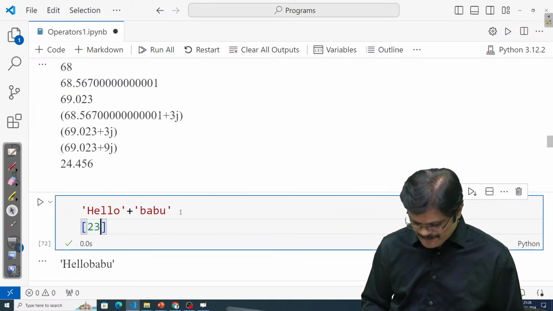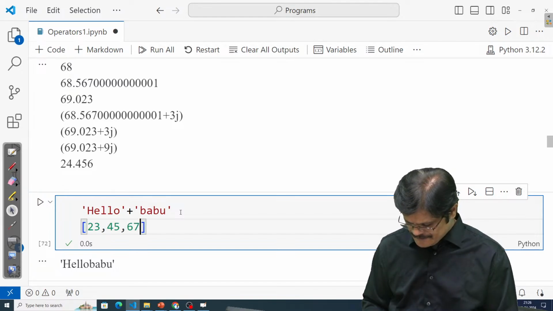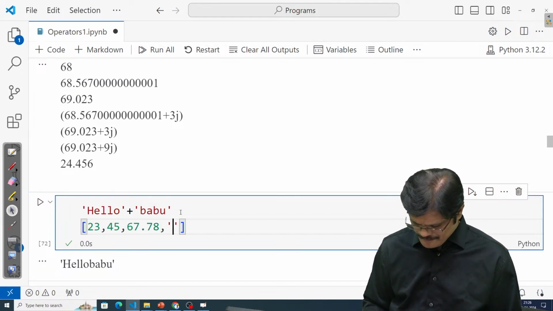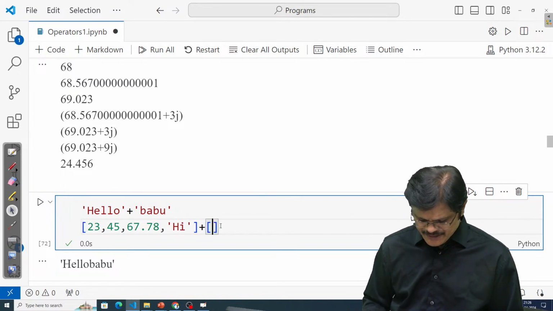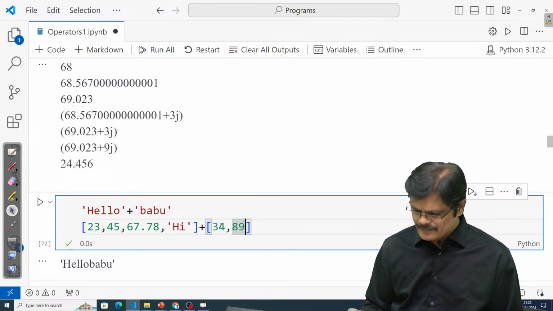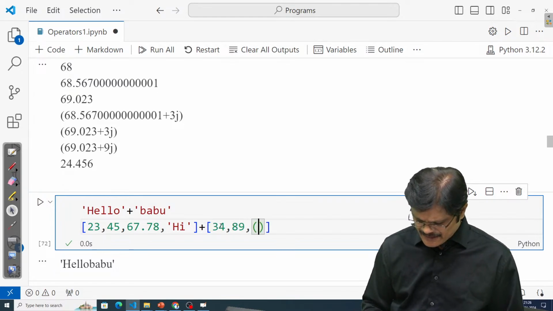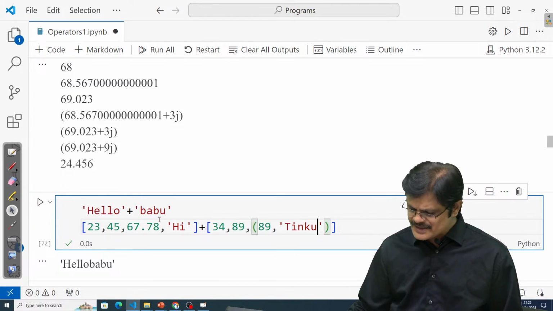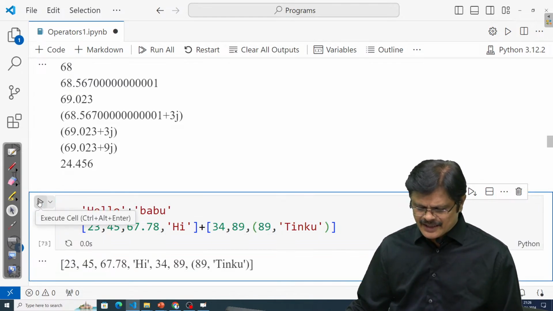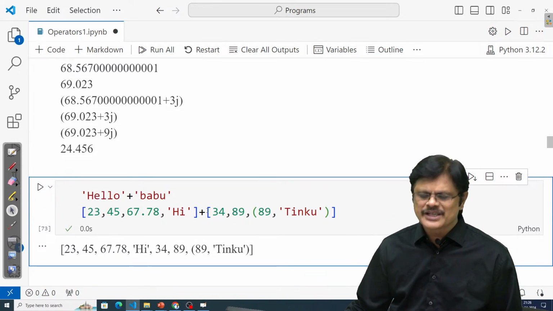For example, if I am having a list and I add another list to it, what happens? No problem, it works because it is a list. The concatenation of the lists will happen. These two lists will be concatenated.